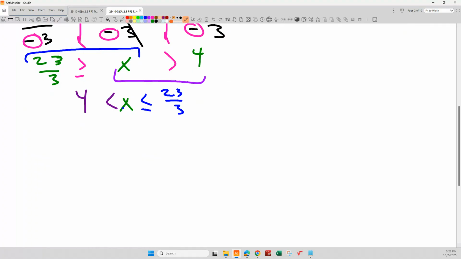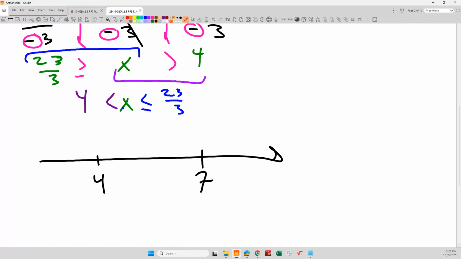Why do we need it to be that way? Well, because if I graph it, this makes sense. Think about those numbers. 4 and 23/3 would be up here just past 7. 7 and 2/3, right? So 23/3 would be like right here. 4 would be right there.